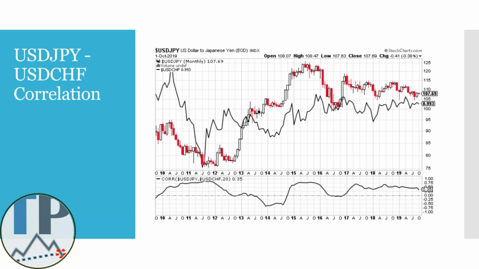Now looking at the dollar yen and the dollar Swiss franc, I guess the story is similar. Again, around the same period as in the previous slide, we see a negative correlation in the late 2013 to late 2014 period.